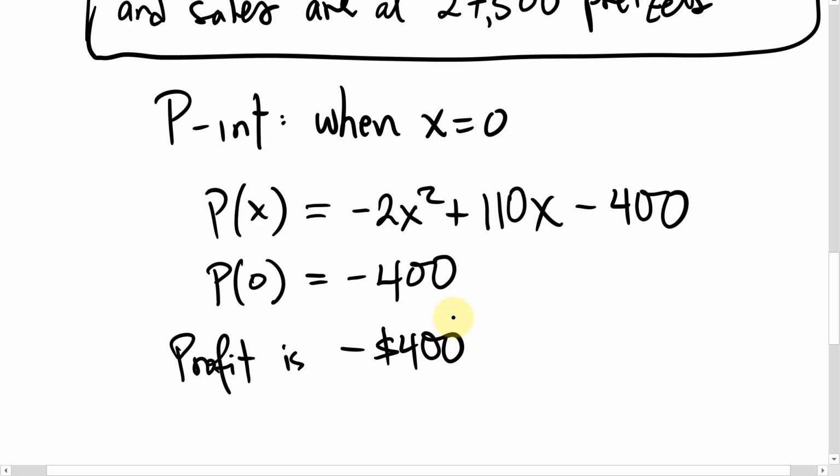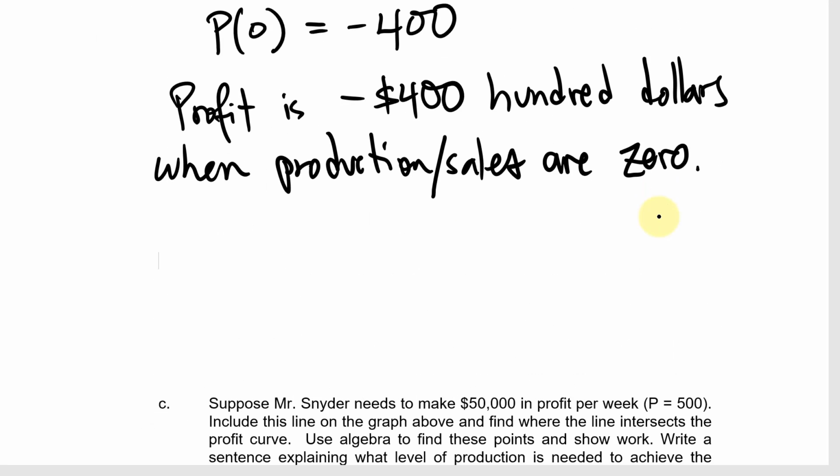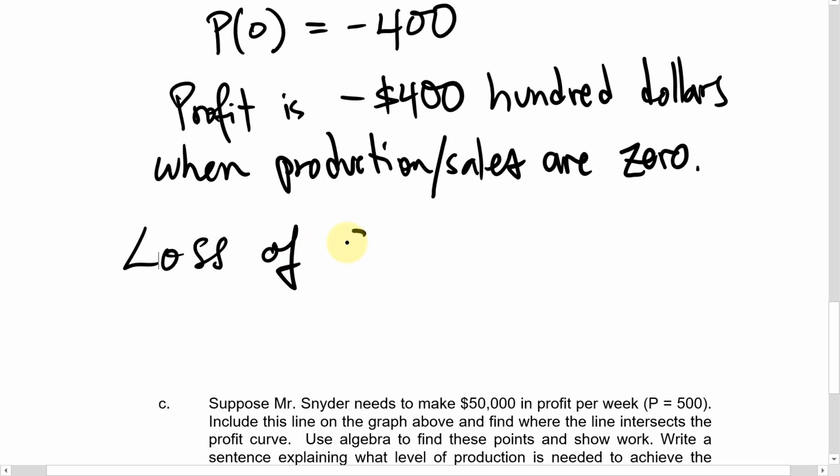Now, it's not just negative $400. Profit was in hundreds. Since it's a profit that's negative, you can also just refer to it as a loss, and it was 400 hundred, so I'll just multiply this 400 by another 100. So that gives me 4 zeros. So we could say loss of 40,000.